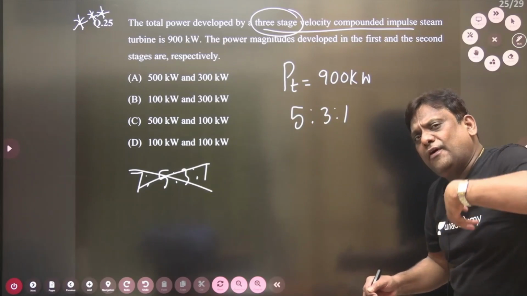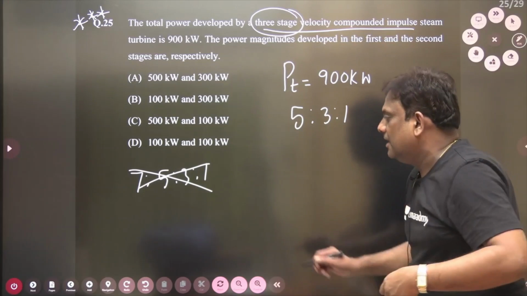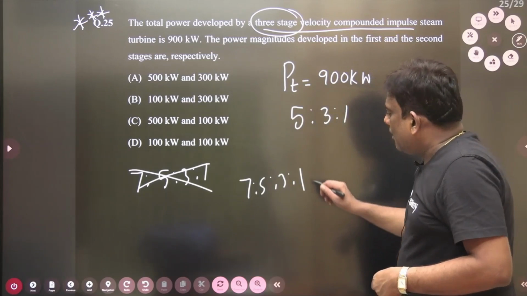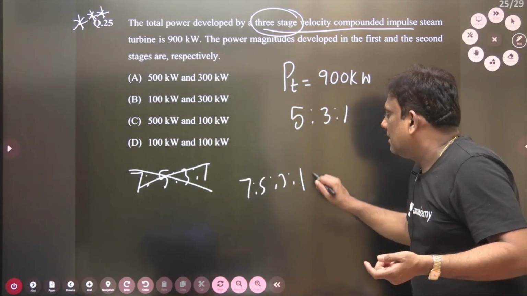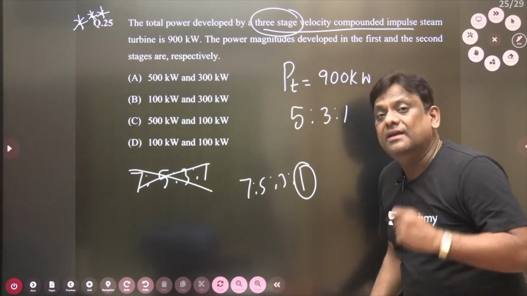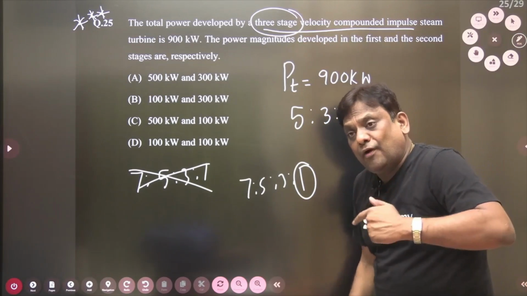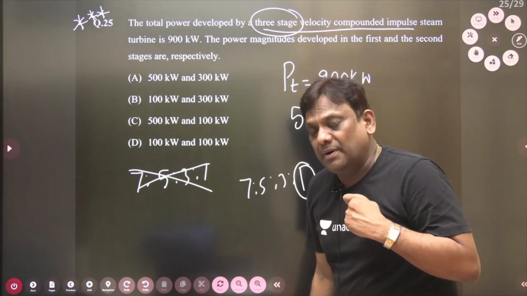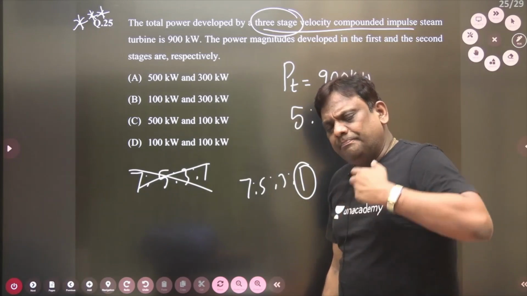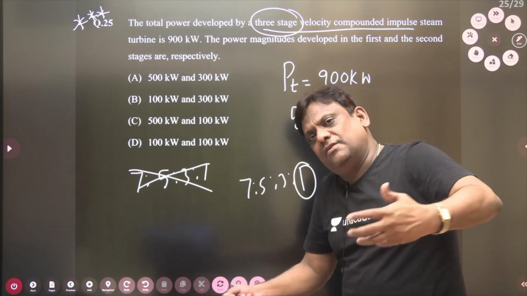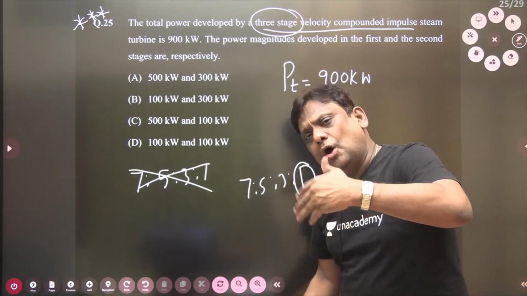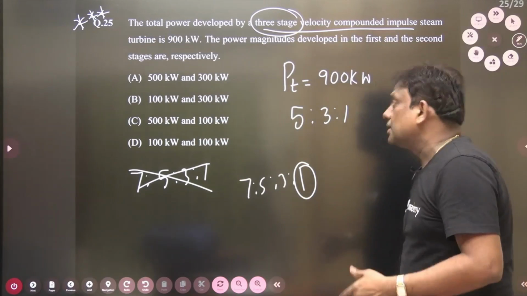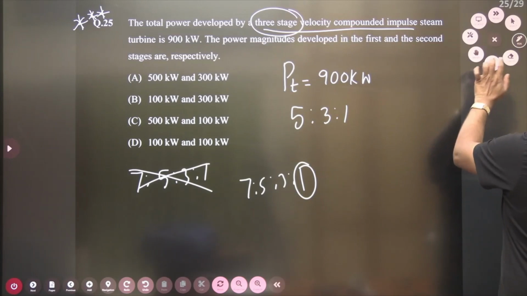If you go for one more stage, 7:5:3:1, what does it mean? You have gone for one additional stage, but the last stage gives less work. That's why we don't go for many stages in a velocity compounded impulse turbine. The additional cost is increasing with the addition of stages, but I'm not getting the work in the last stage. The work is getting reduced. Therefore, you should be very careful.